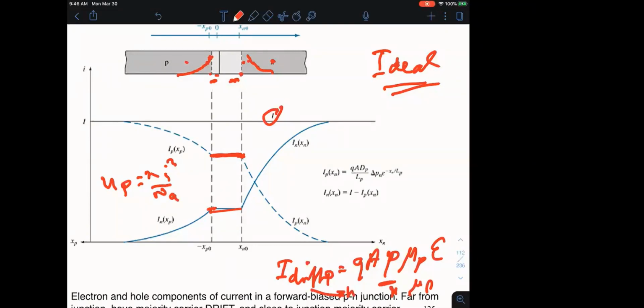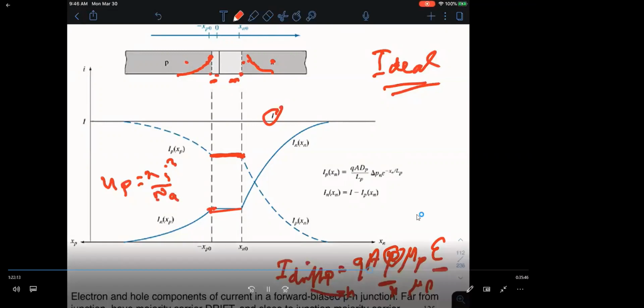Let's see what those components of the drift current would be on the two sides. Because the drift currents are proportional to the carrier concentrations, on the P side, whatever the electric field is, clearly the majority drift current must be much, much higher than the minority carrier electron drift current, right?